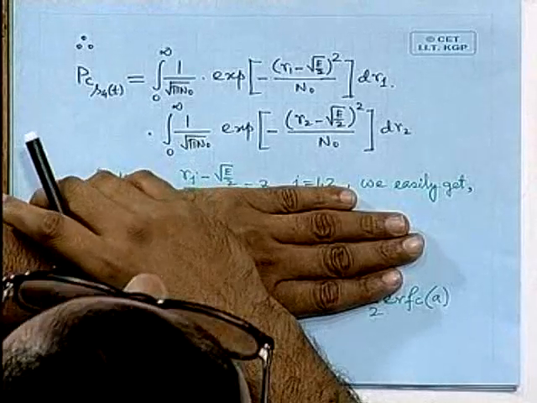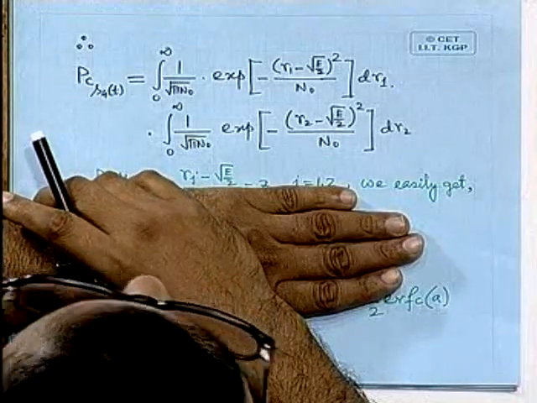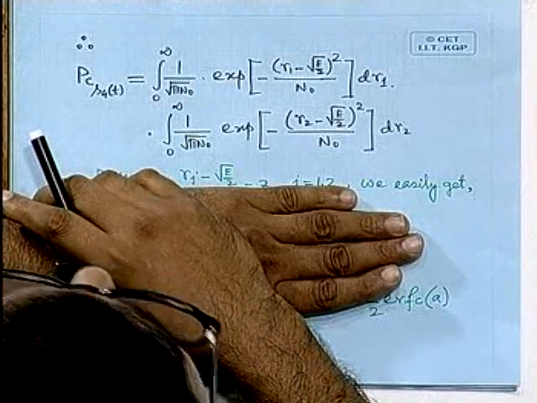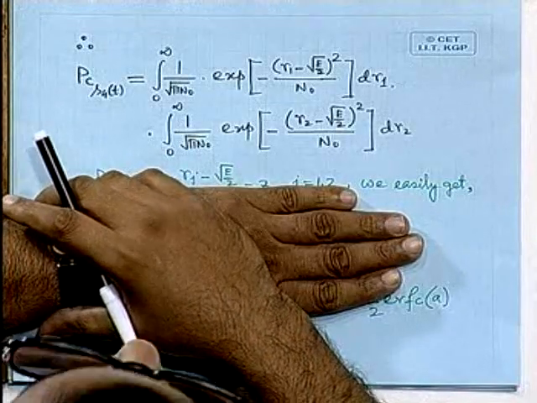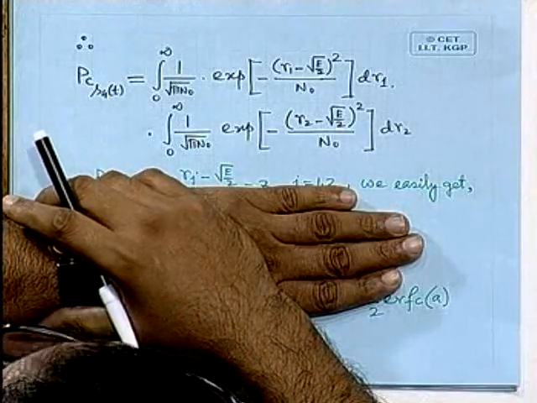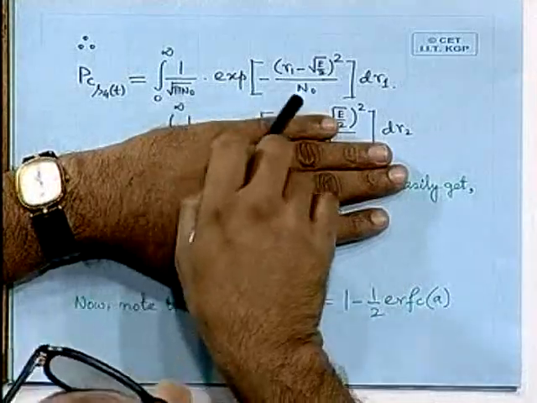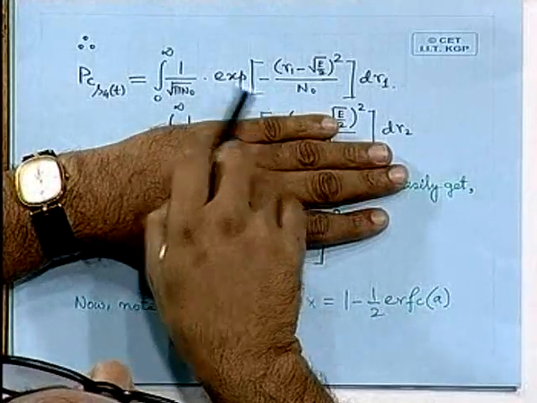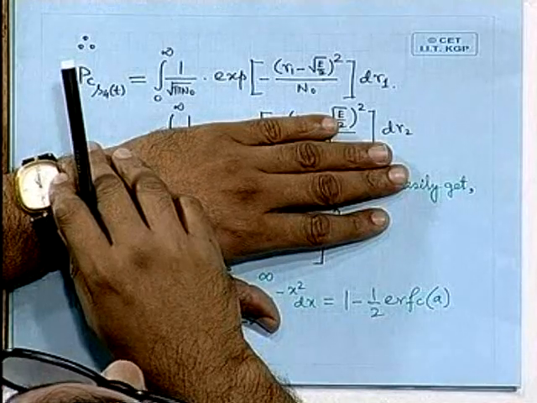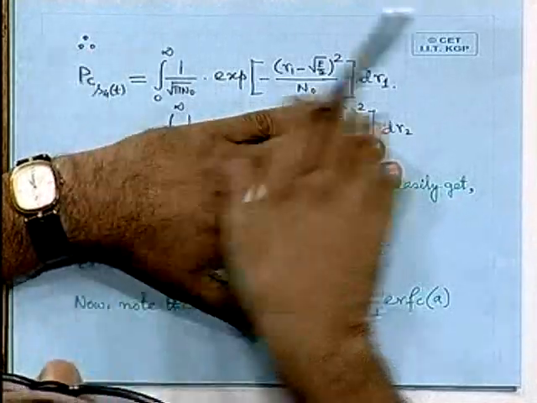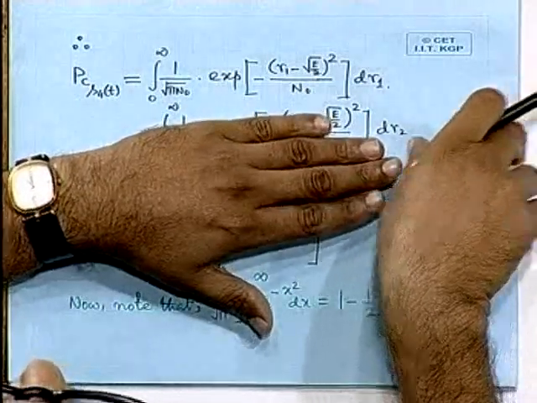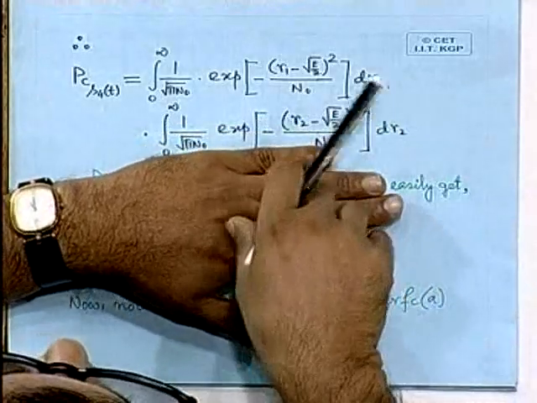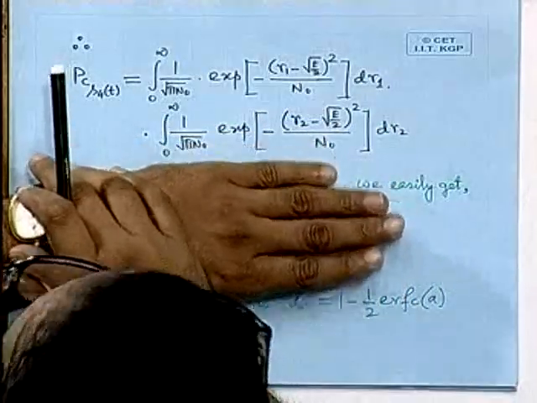I will be happy if you can make use of your knowledge of the error function or complementary error function, because I can see that the expression structure is very similar to what we had encountered for BPSK. So, I guess some kind of ERFC, complementary error function, may appear. So, try it out.